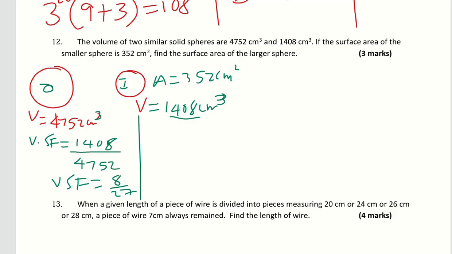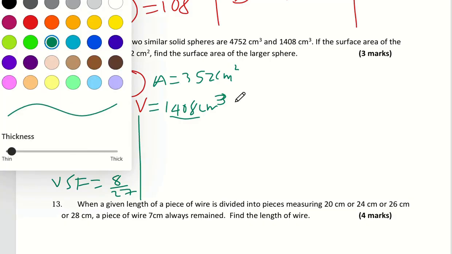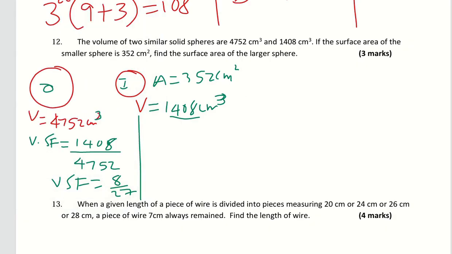So for you to get the area of the smaller one, we need to find the linear scale factor. And you know the idea: linear scale factor cubed equals volume scale factor. So it means that in order to get the linear scale factor, we find the cube root of the volume scale factor, 8 all over 27.